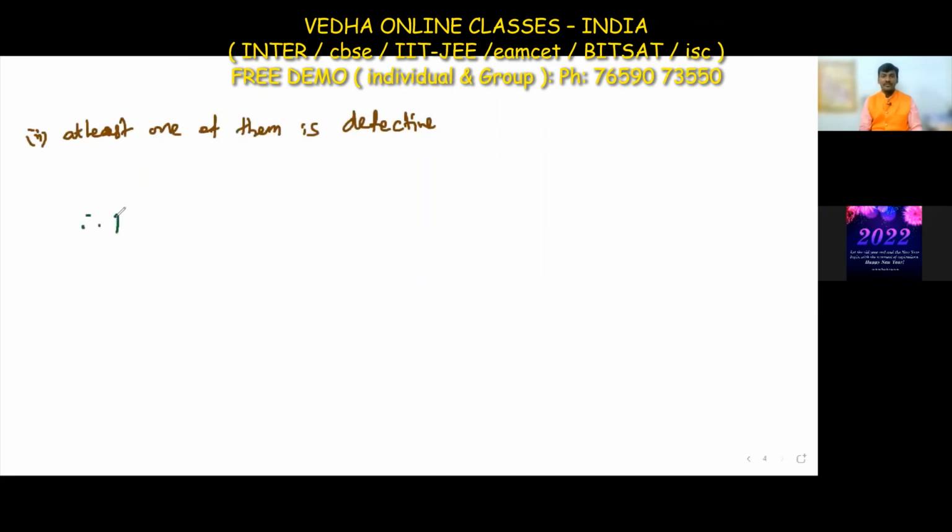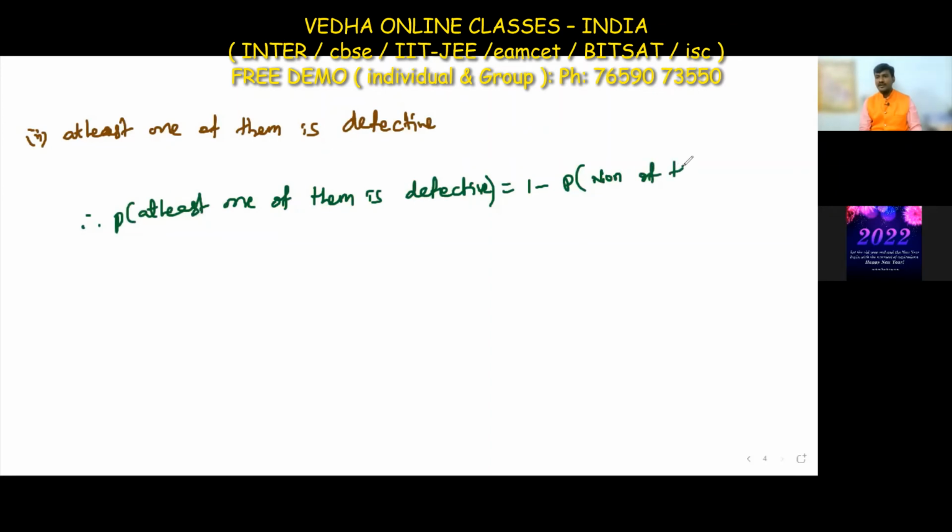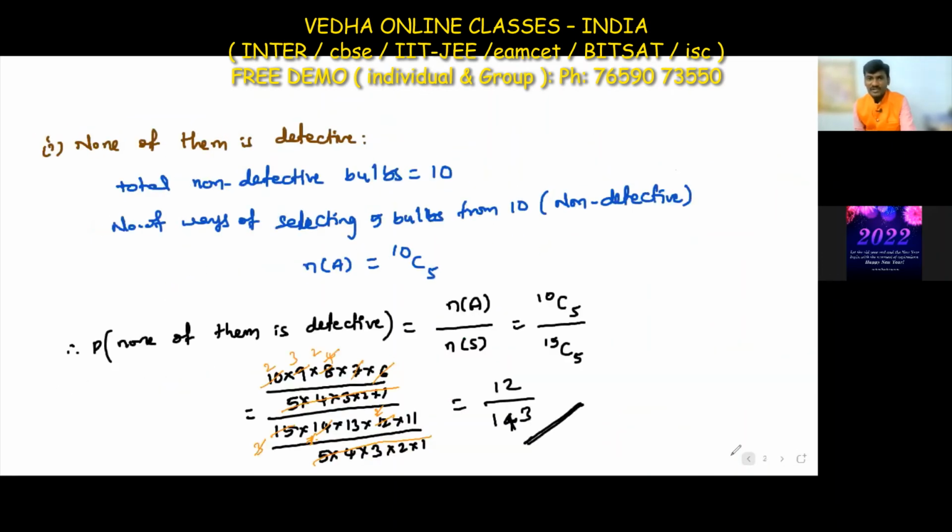Therefore probability of at least one of them is defective is equal to 1 minus probability of none of them is defective. None of them is defective means it is the first one.